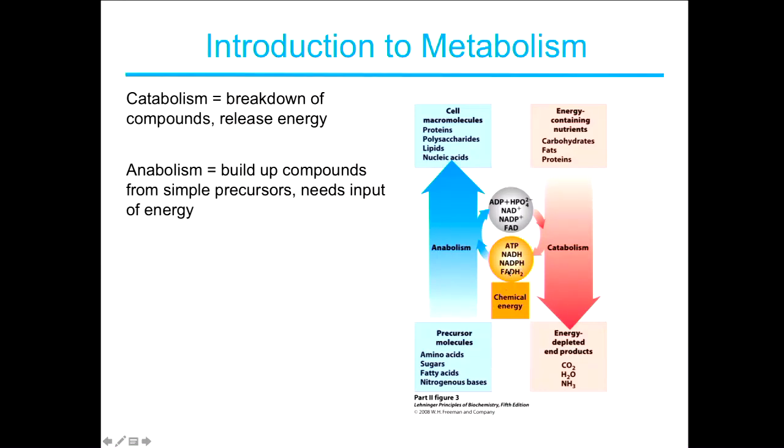And then we can use that if we want to take some of these precursors like amino acids, sugars, fatty acids, bases, and build up the macromolecules in our cell: proteins, polysaccharides, lipids, nucleic acids. So this process is called anabolism. We're building compounds from simple precursors, and we need to put in energy.